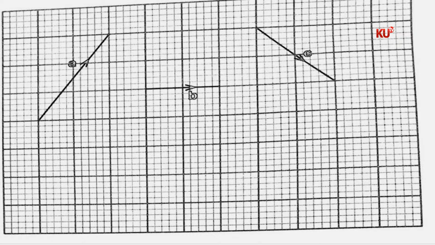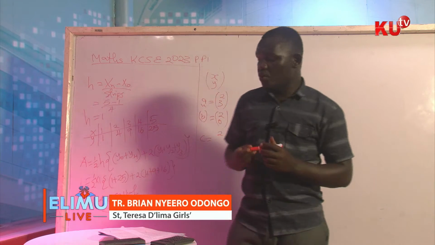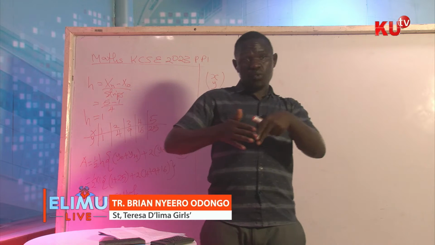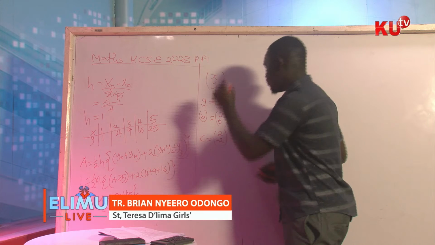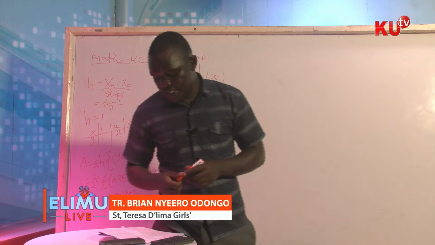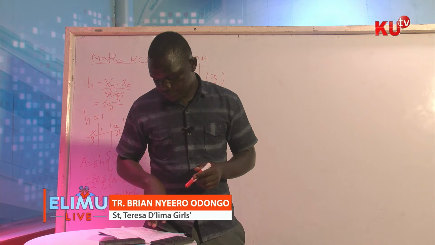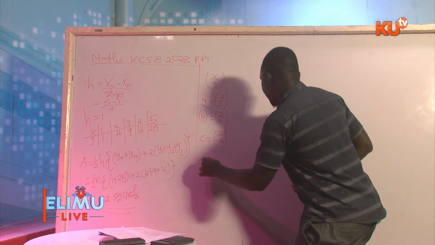So on the x-axis, it is 2. On the y-axis, it's also 2. But what I need you, dear students, to be keen on is look at the direction. It is downwards, isn't it? Meaning now it is -2.